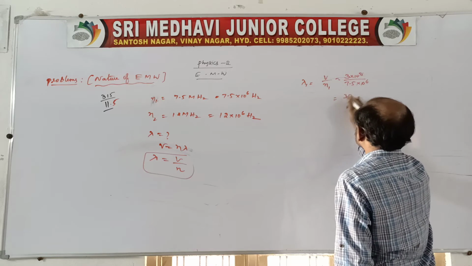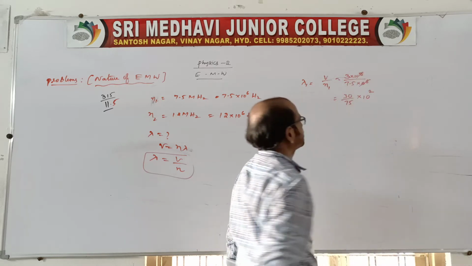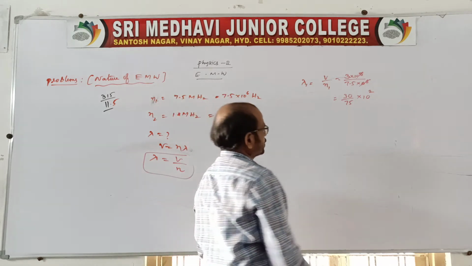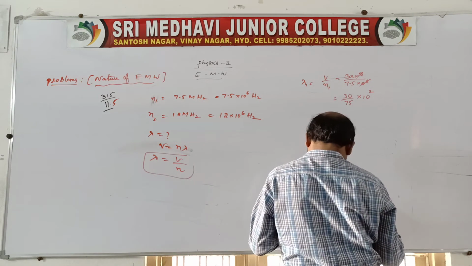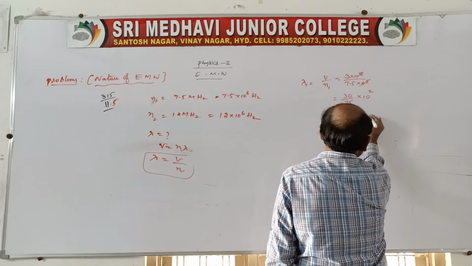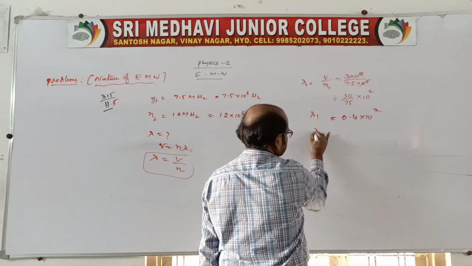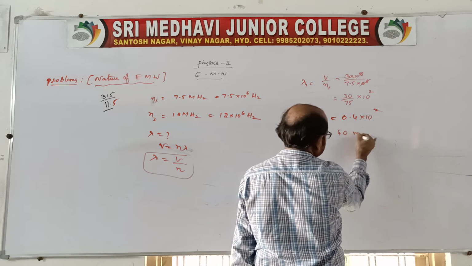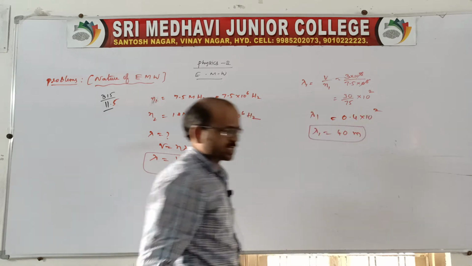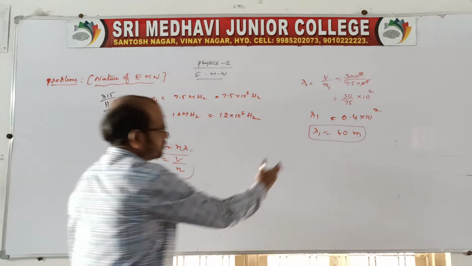So 30 by 75 is equal to 10 power 2, because 10 power 6 and 10 power 8 cancel. With simplification we get approximately 0.4 into 10 power 2, so lambda 1 is 40 meters for the first frequency, n1 7.5 megahertz.